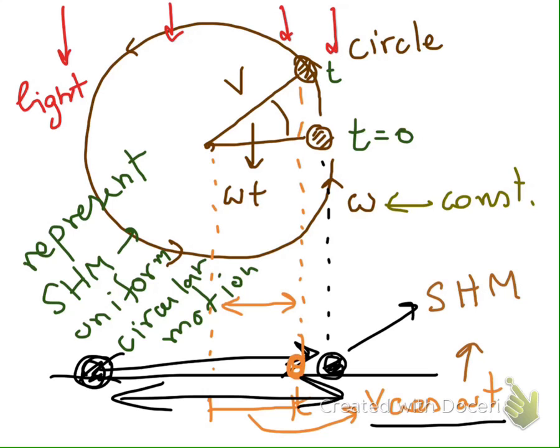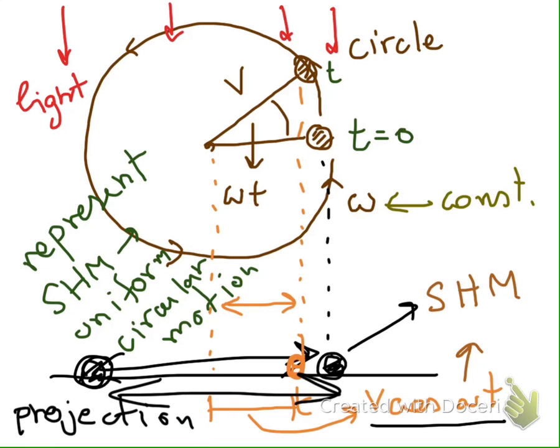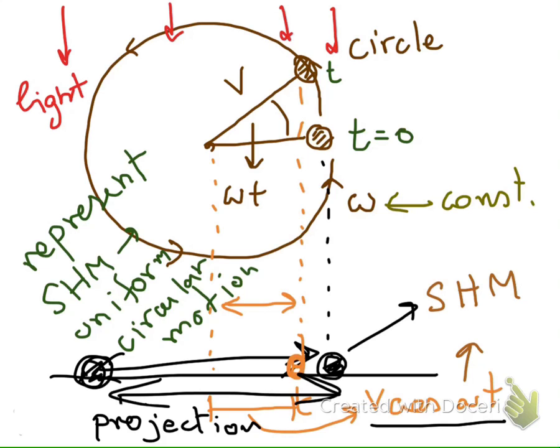So you can represent the simple harmonic motion as a shadow, or we call this in the mathematical or physics term a projection of the rotation to the screen.